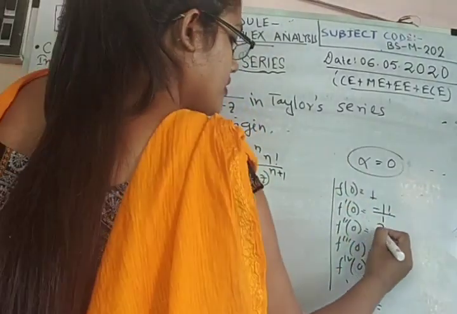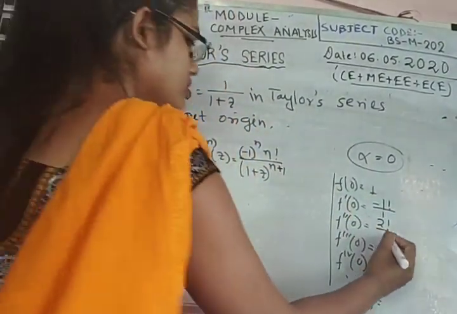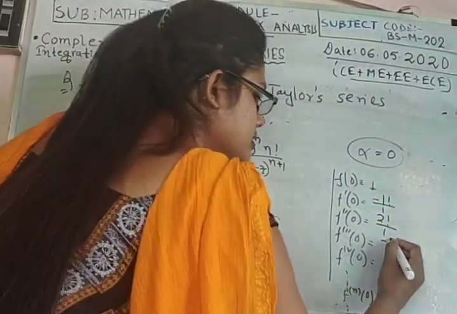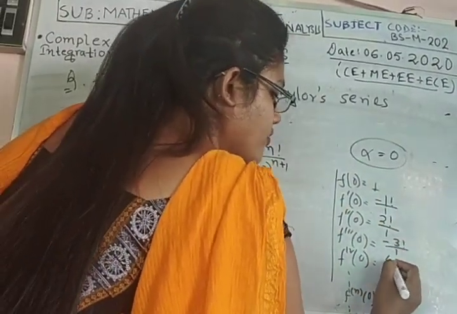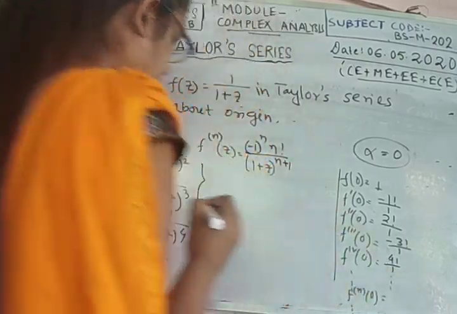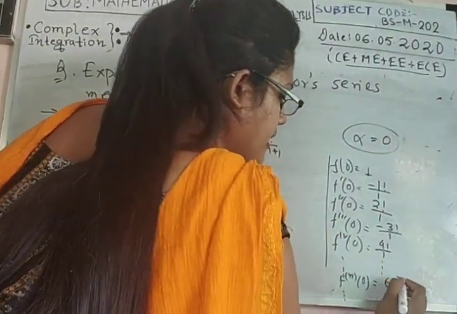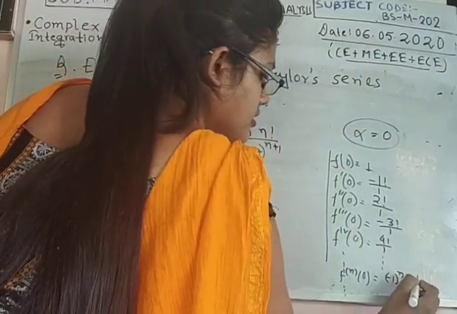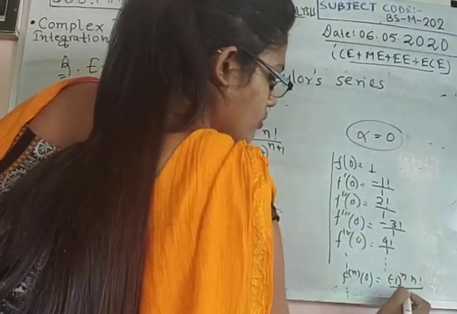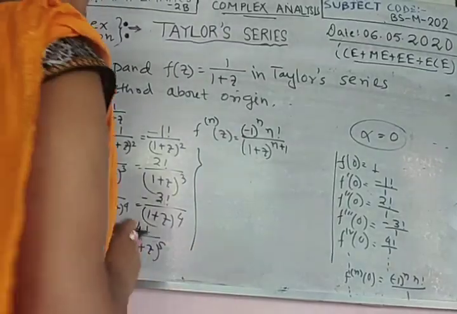This is f double dash, 2 factorial by the same 1. This is minus 3 factorial by 1. This is 4 factorial by 1, up to the nth, which is minus 1 to the power n, n factorial divided by 1, because 1 to the power n plus 1 is 1.